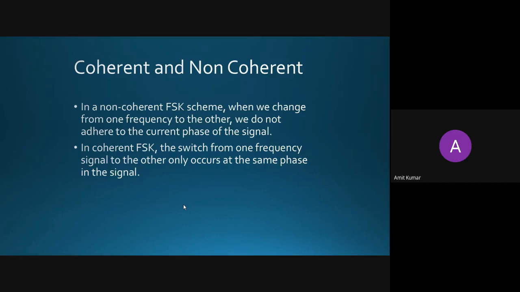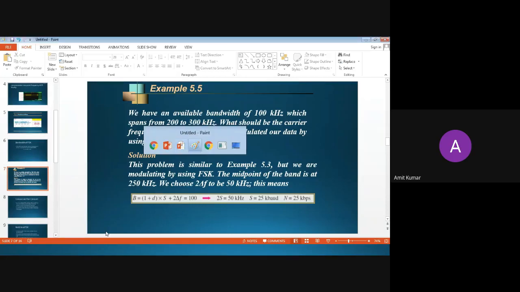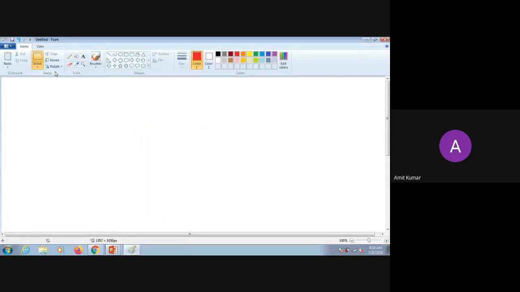So what it will do in coherent, it will start from the same phase that the previous signal ended at. In the coherent, it will start from the zero phase always. So I will show you what it means. So what is the phase?